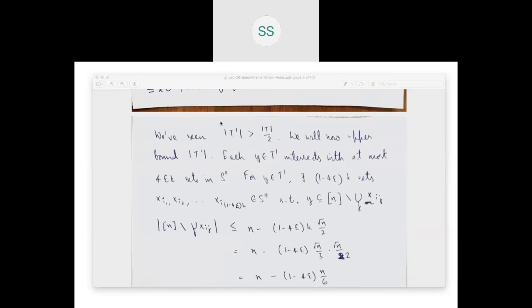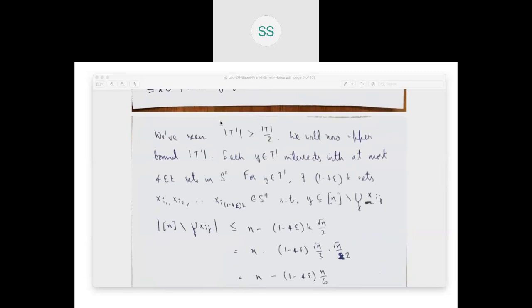So now, because we saw that T prime is at least half the size of T, we want to eventually upper bound T, right? Because we have started with the assumption that S is large. Now we want to say that there are enough elements in S that span a constant fraction of the universe. So we want to say that the elements in T are not too many, because it can only choose from the remaining elements.